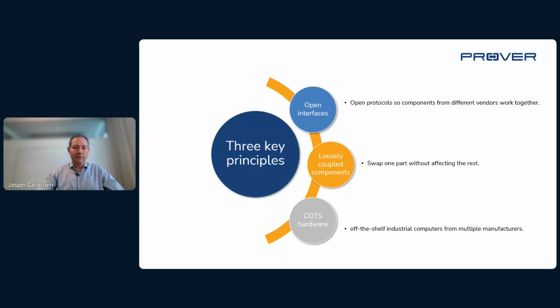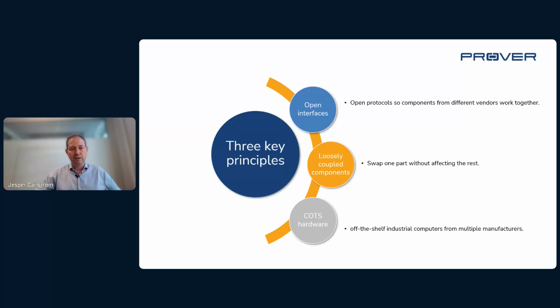And finally, COTS hardware. COTS is short for commercial off the shelf, meaning that you can buy it off the shelf as in an ordinary store. You just go somewhere and buy it. In practice, it's not literally off the shelf. You order it and you have it shipped to you. But the important aspect is it's not supposed to be purpose-built for you.